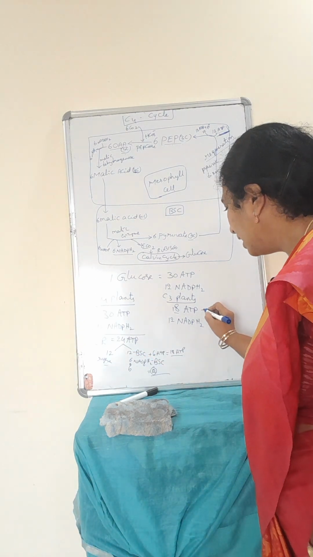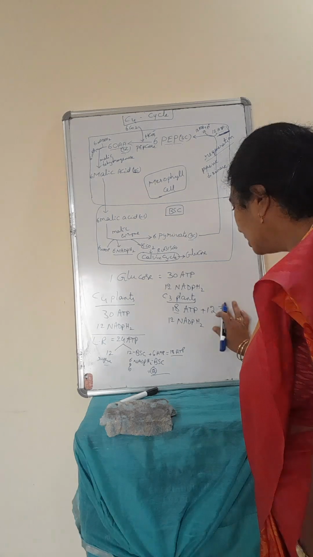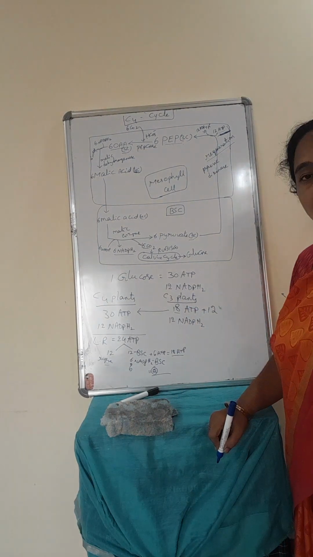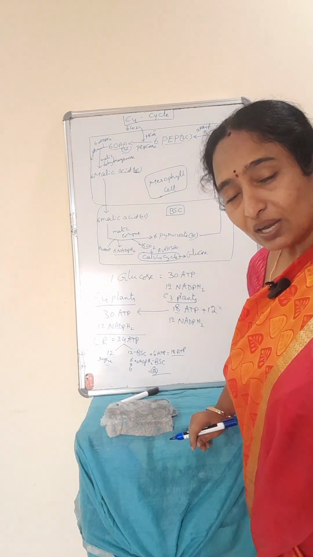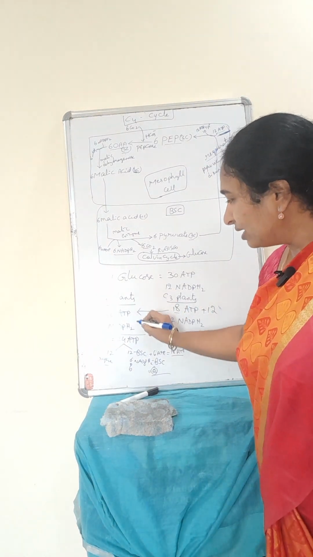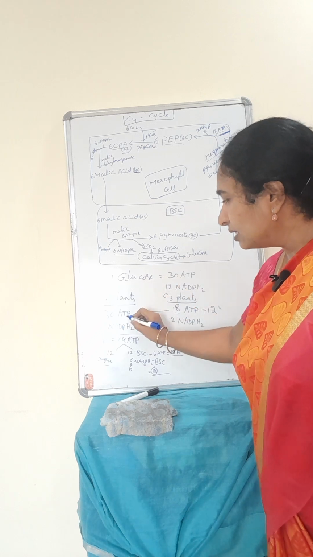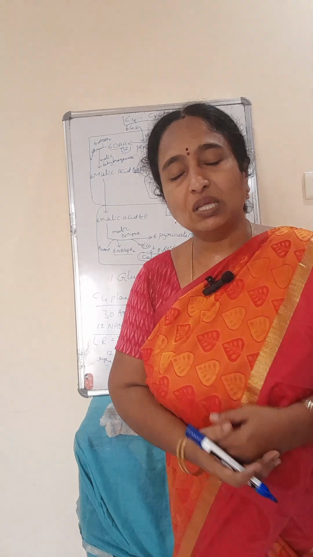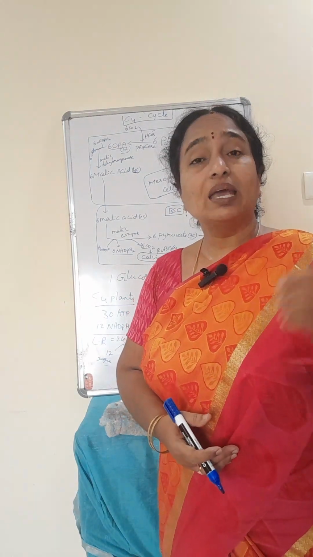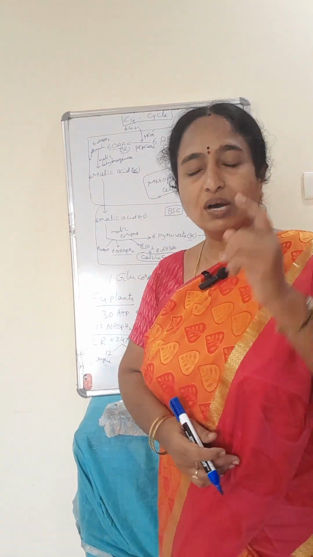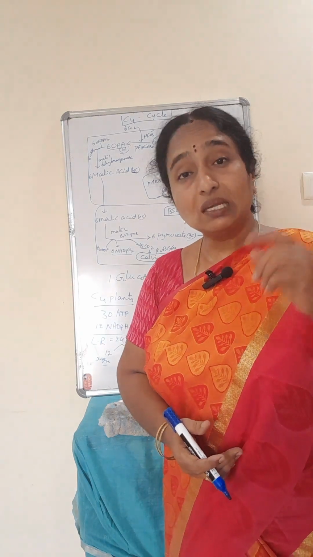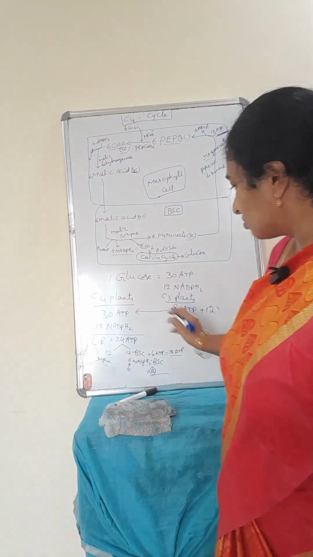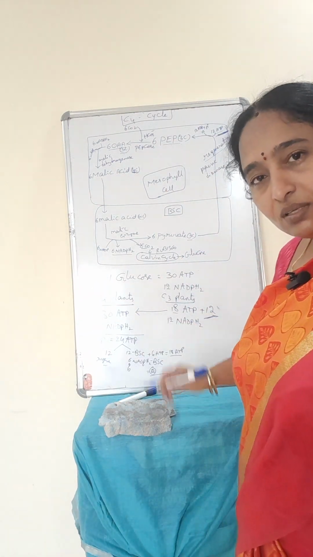This 12 is added here, so it becomes 30 ATP molecules. Is it clear? In the NEET exam, the question asked will be how many extra ATPs are required to produce one glucose, or to fix 6 CO2 molecules. The answer is 12 extra ATPs.